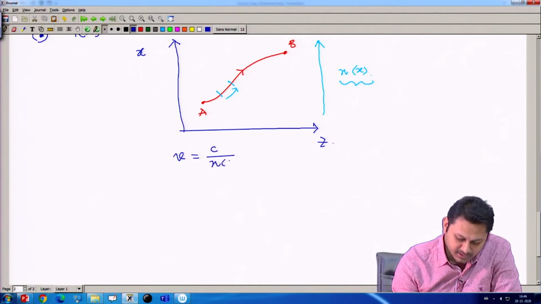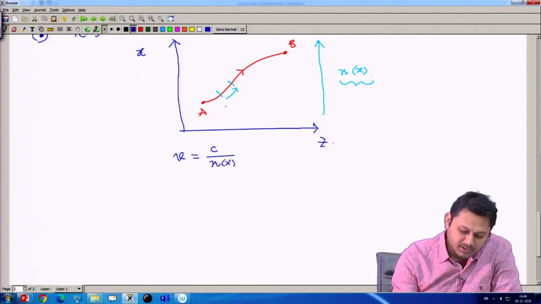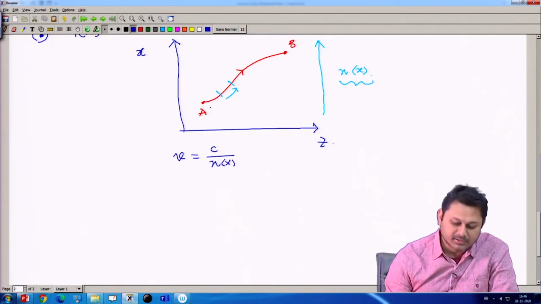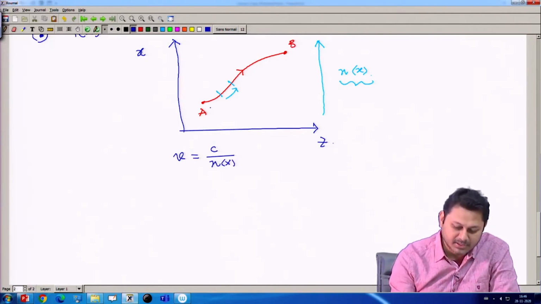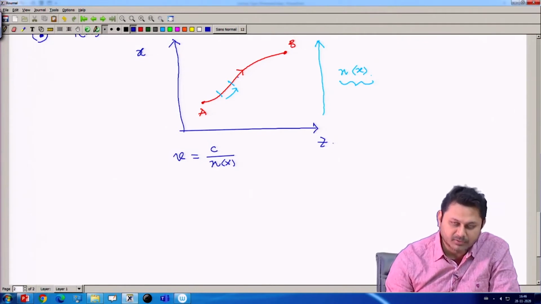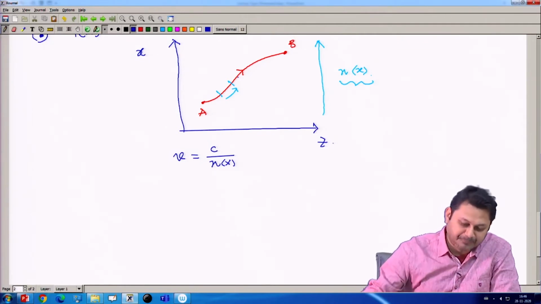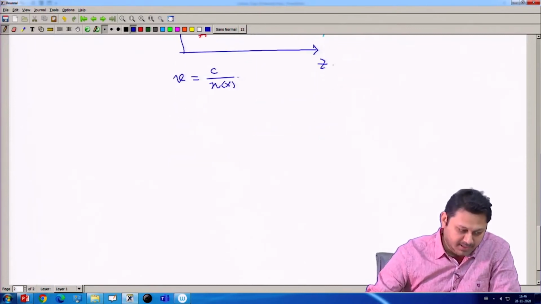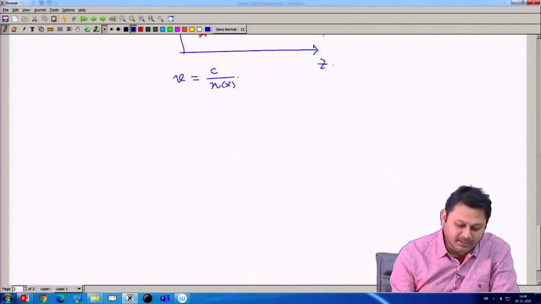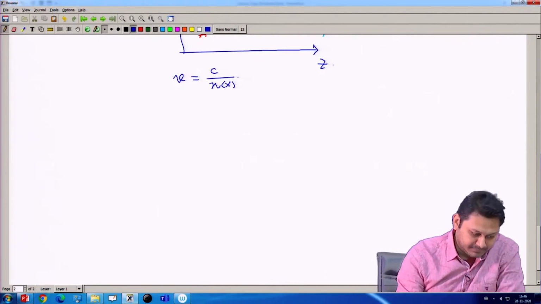In this case it should be n of x. So, this velocity will change, it is not going to be the same in all the paths. In some points it will be higher, in some points lower, depending on the value of n of x. Now, I can calculate that.